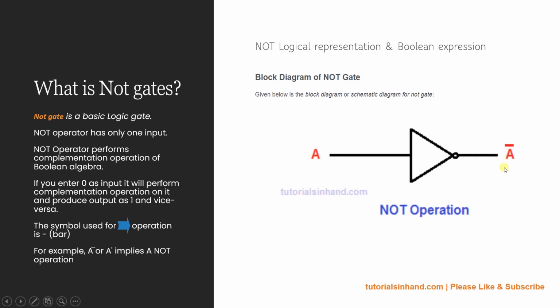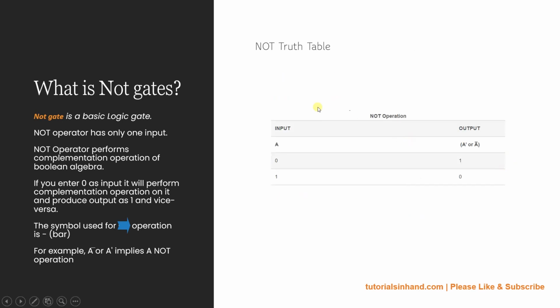So let's go see the truth table for NOT gate. As you know, we have only one input for the NOT operation, so going by the formula that we told earlier in the previous video tutorial, the formula to determine the number of rows in the truth table for any gate is 2 to the power n, and n indicates the number of inputs.